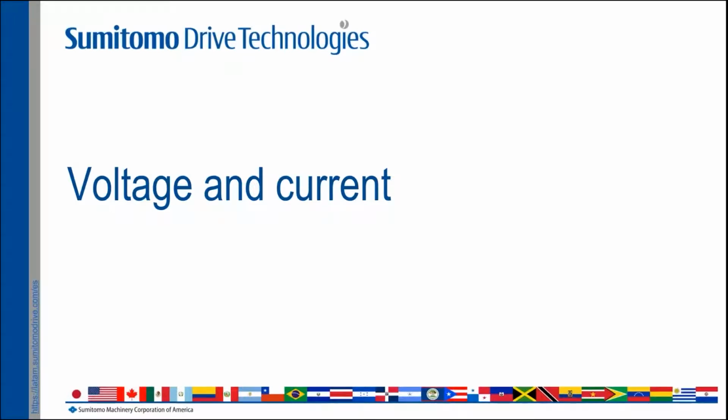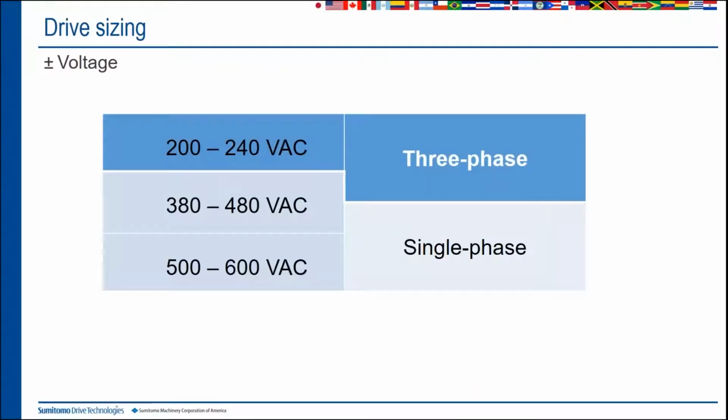So, voltage and current. You need to know what level of voltage is going to be used to supply the drive. Of course, it depends on the region that you are based in, but these are the most common voltages around the world: 200 to 240 volts, 380 to 480, or maybe for bigger power motors, 500 to 600 volts.